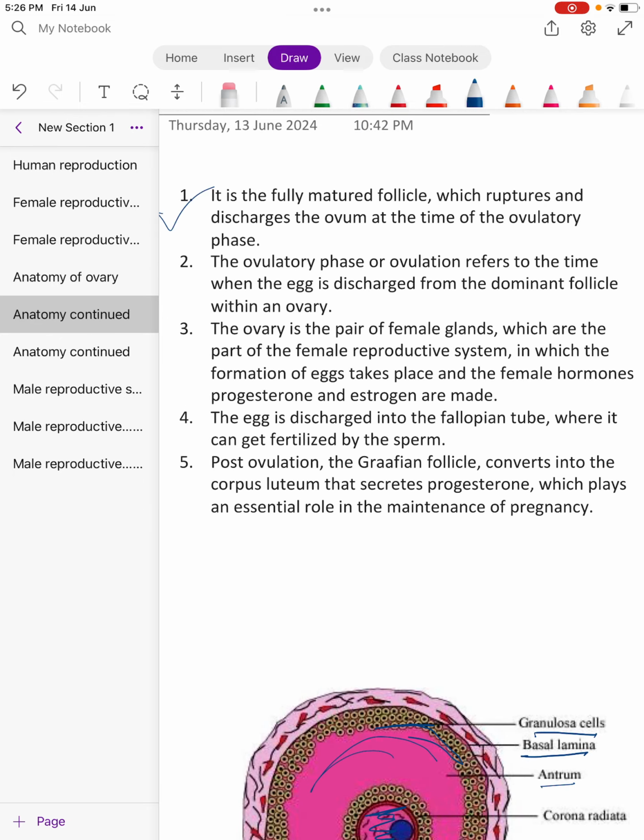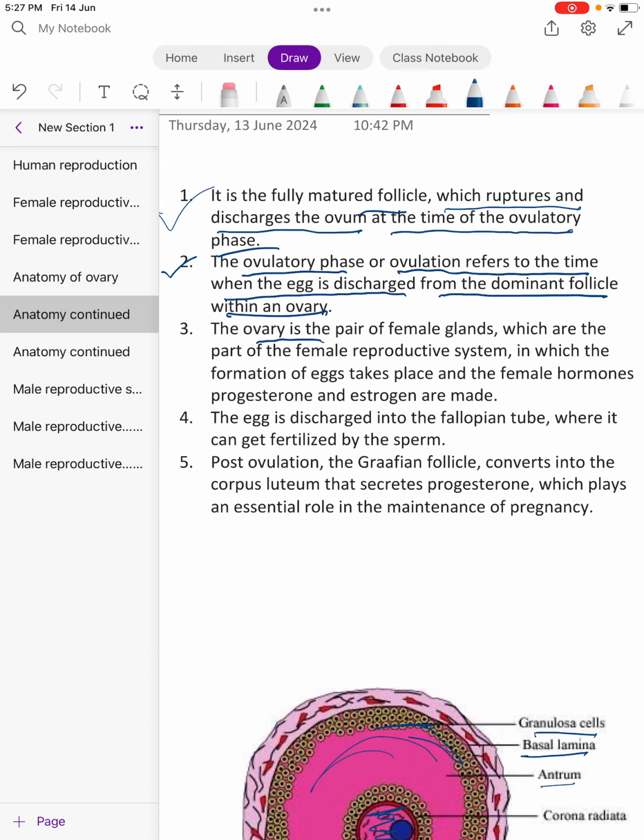So here is the first point about the anatomy. It is a fully matured follicle which ruptures and discharges the ovum at the time of ovulatory phase in the menses of the female. The second point is the ovulatory phase or the ovulation refers to the time when the egg is discharged from the dominant follicle or the most mature follicle within an ovary.